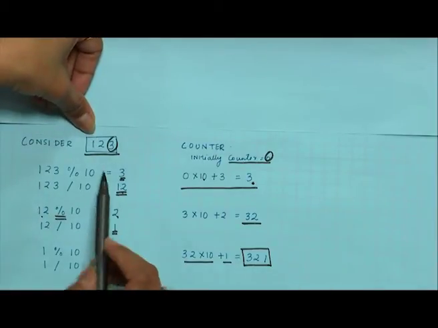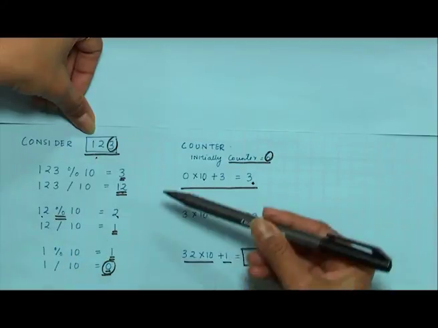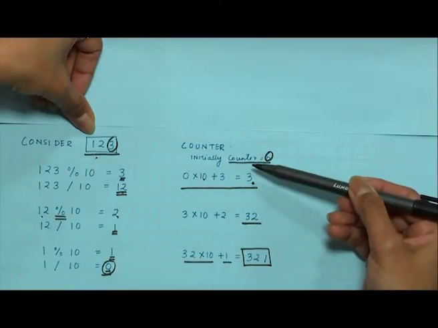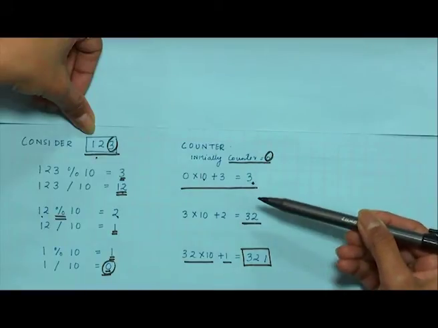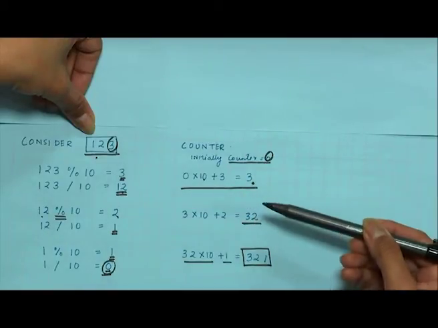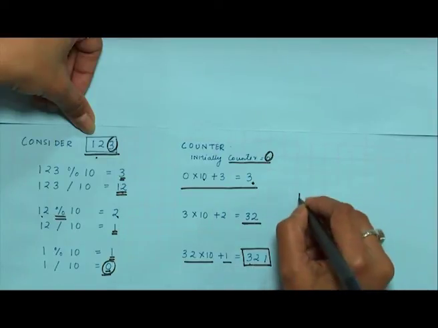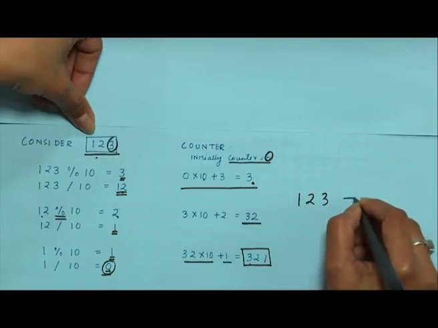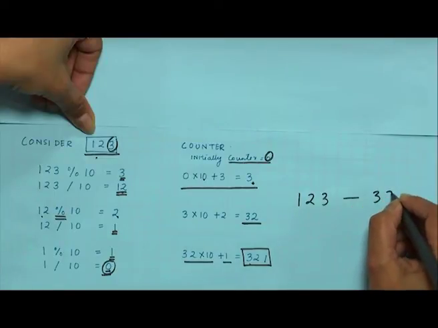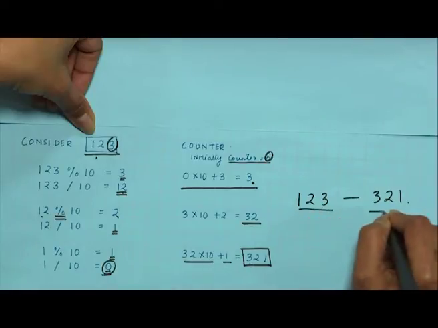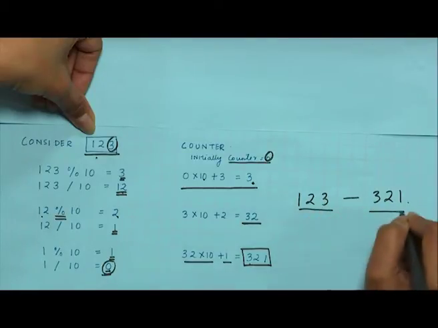Initially we took 1, 2, 3, repeated certain steps and kept a counter. In that counter we were storing the reverse value, and finally we got 3, 2, 1. So, the reverse of 1, 2, 3 is 3, 2, 1. But this is not equal to this, so it is not a palindrome.